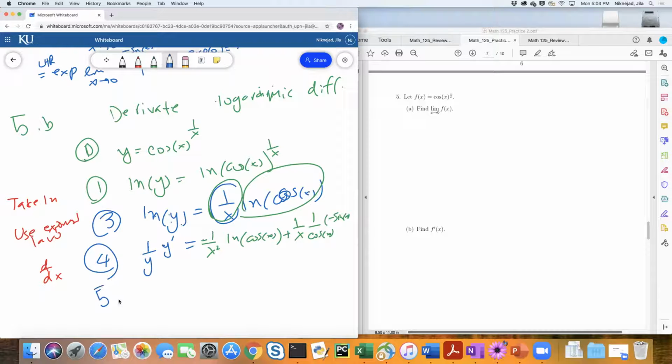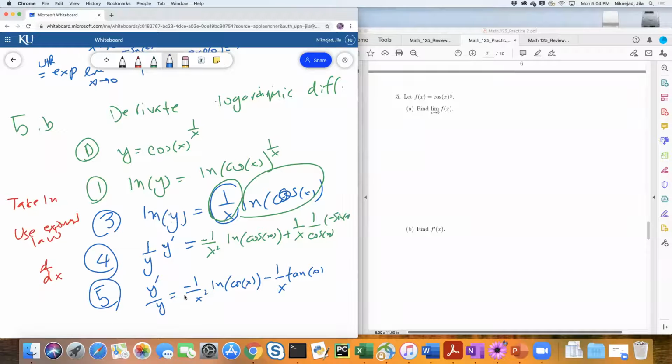So, clean this up: y prime over y is equal to negative 1 over x squared natural log of cosine of x, plus, minus, see that minus sign, I'm bringing it in front, minus 1 over x, sine of x over cosine of x is tangent of x, right?